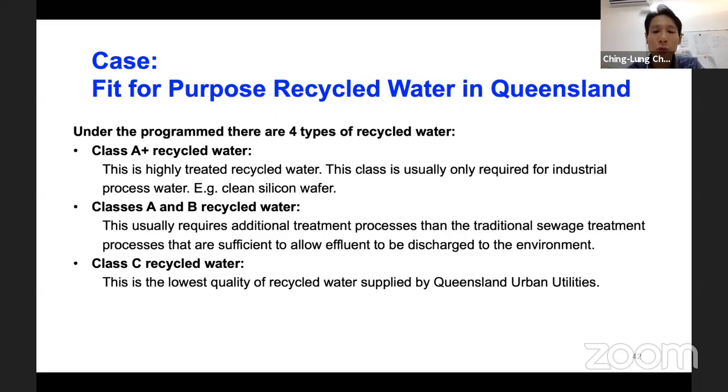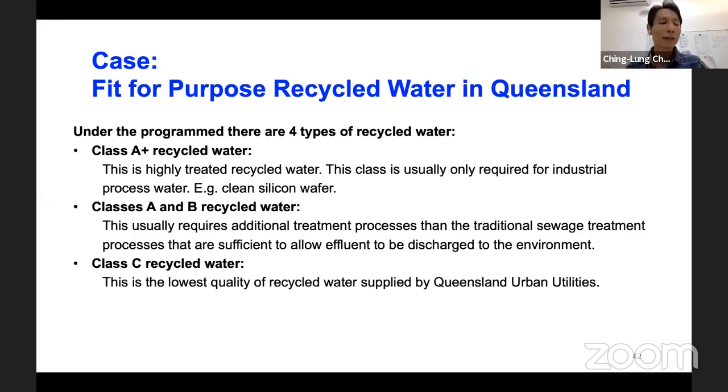And this water is usually only required for industrial process water, for example, to clean the silicon wafer. This is especially for semiconductor manufacturing because they need highly purified water to clean the silicon wafer surface to make sure the surface of the silicon is clean enough. Then they can move to the next step.